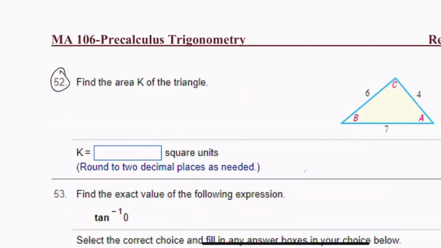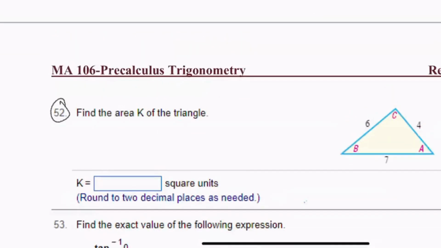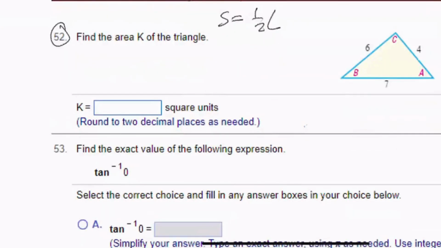So 52 is the same flavor as 51. The only difference is that you don't have any angle here. So remember, you will need to calculate the value of S, which is 1 over 2 the sum of the sides, 4 plus 6 plus 7, which is 17, so this is 17 over 2.